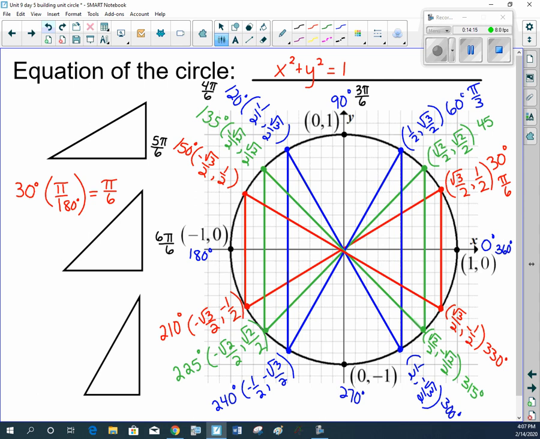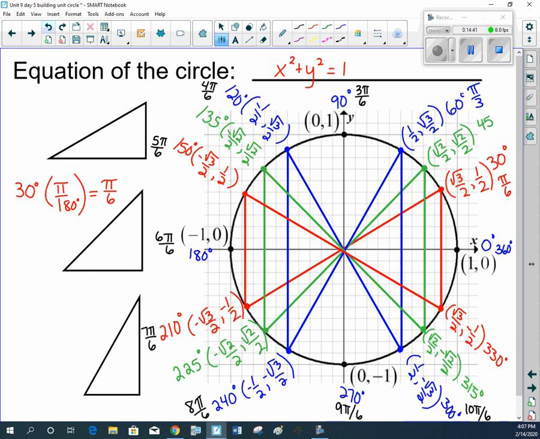And then 210 would be 7 pi over 6. 240 would be 8 pi over 6. 270 would be 9 pi over 6. 300 would be 10 pi over 6.